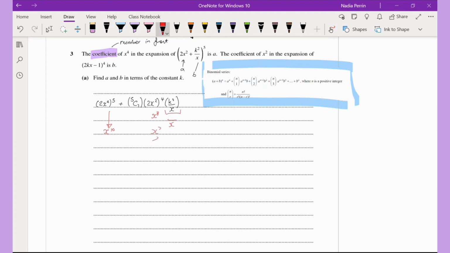So if we're going to predict this, it's going down by 3 each time. So we know that the next one is going to be the correct one. Okay, so the next one in terms of our little formula sheet is this one here. So this is going to be the key one that we need to work out. So doing that one, it's going to be 5c2, a, which is (2x squared), is, see, I did the brackets wrong.